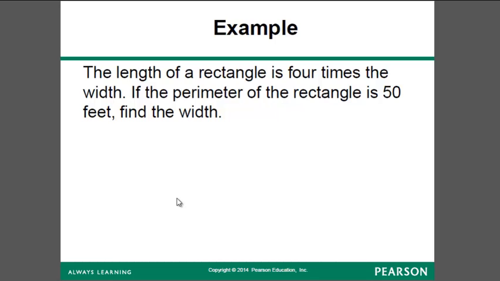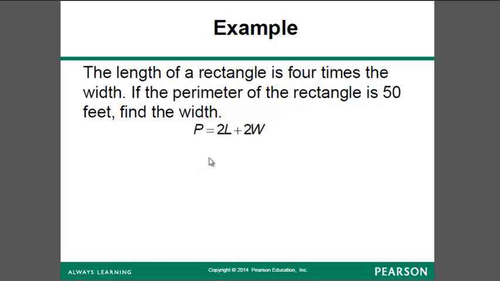Let's look at this problem. The length of a rectangle is 4 times the width. If the perimeter of the rectangle is 50 feet, find the width. Well, this one doesn't actually tell me what the width is or the length. It tells me what the perimeter is, and it tells me how to judge the width.